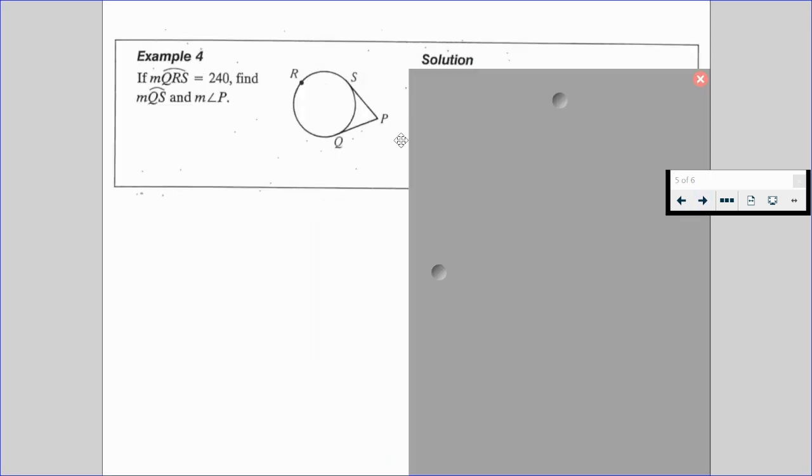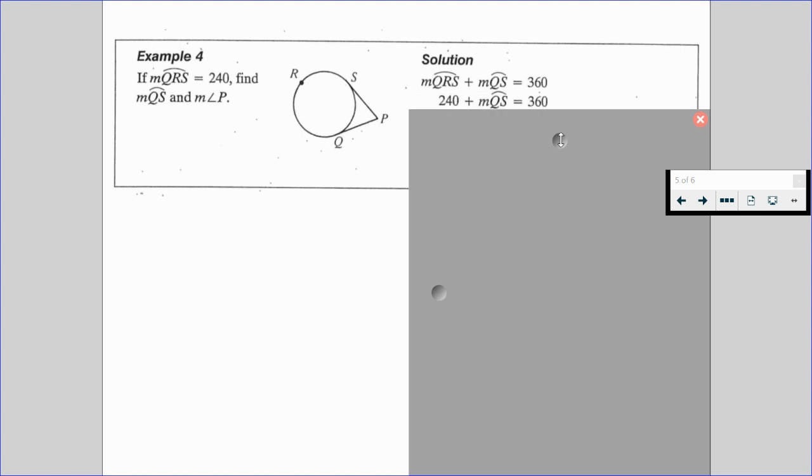Lastly, for example number 4, if the measure of arc QRS is equal to 240, we want to find the measure of arc QS and the measure of angle P. We can add those two arcs together, and that's going to equal 360 degrees, since those two arcs create the circle. So 240 is the measure of arc QRS, and we subtract 240 on both sides to get that the measure of arc QS is 120.